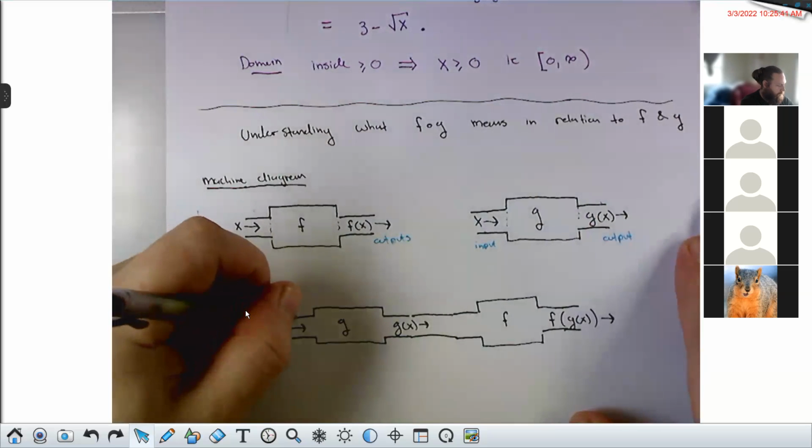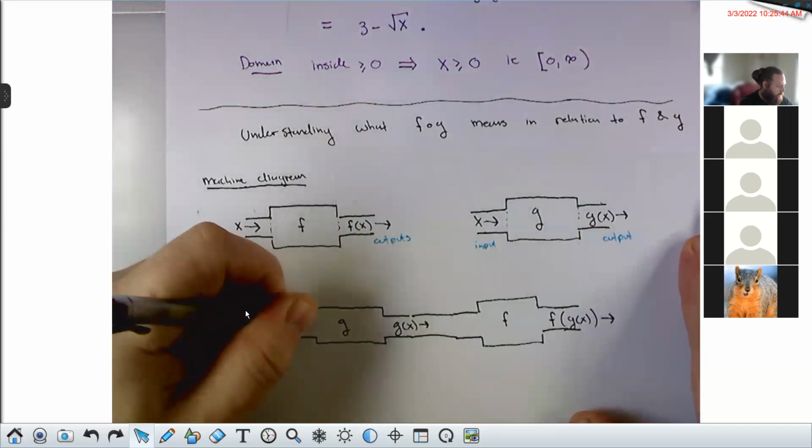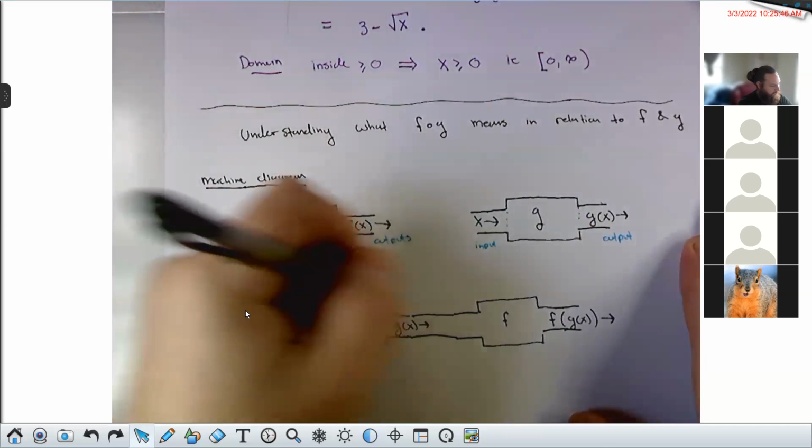This is what the composition operator does. It glues the two machines together.